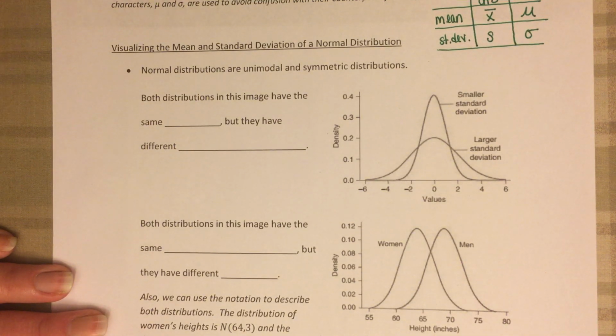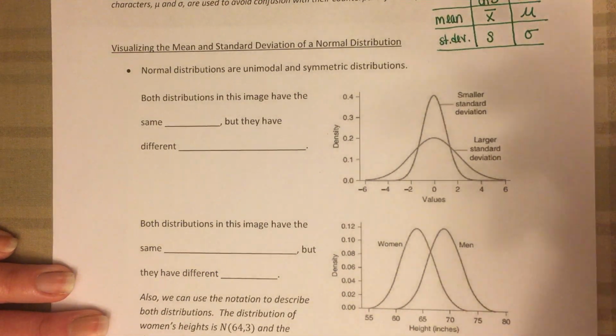However, they are much different in height. The taller one has a smaller standard deviation. The other one has a larger standard deviation. The smaller the standard deviation, the taller and skinnier our distribution is going to be. The larger our standard deviation is, the more spread out our distribution is going to be.